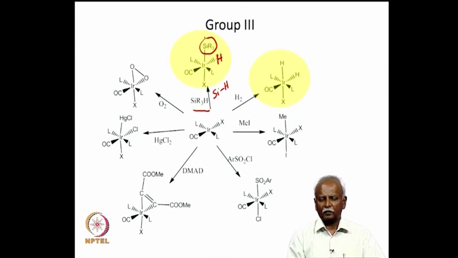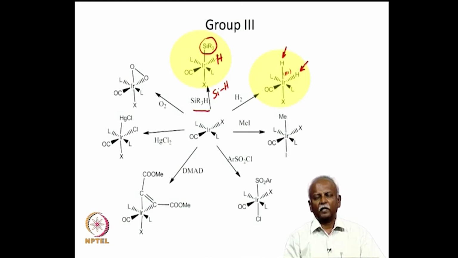On the other hand, you have a hydrogen molecule that also undergoes oxidative addition, and iridium now has a formal oxidation state of iridium(III), and the two groups which have added on are found in the cis position. So, group 3 type of molecules also add in a cis position. They are not polar and they are not multiply bonded.